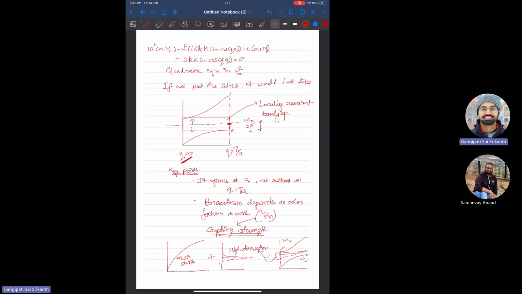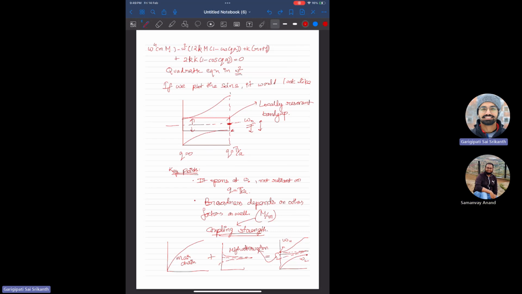Here q equal to zero means it is in phase, and q equal to pi by a means it is out of phase, right? So your Brillouin zone is basically a portrayal of in-phase behavior to out-of-phase behavior. It covers everything, completely in phase, completely out of phase.